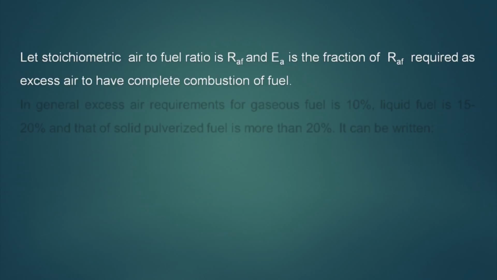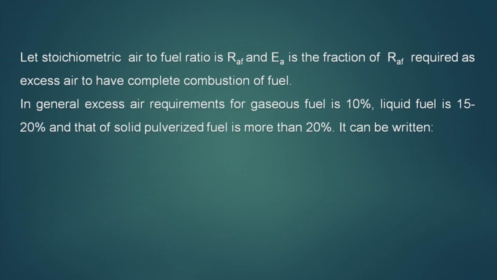And what is that increase in the amount of air? In general, the excess air requirement for gaseous fuel is about 10%, for liquid fuel about 15 to 20%, and for solid pulverized fuel more than 20%.